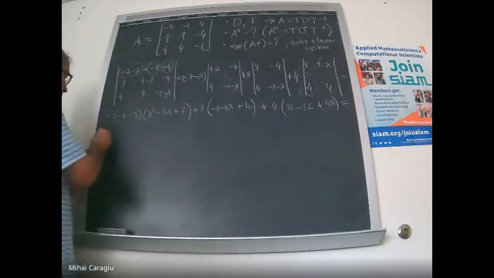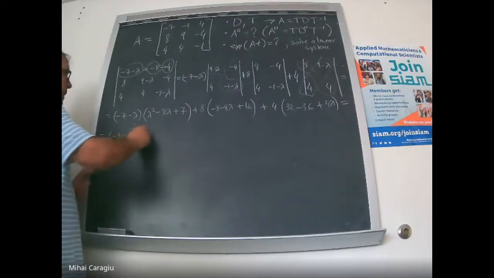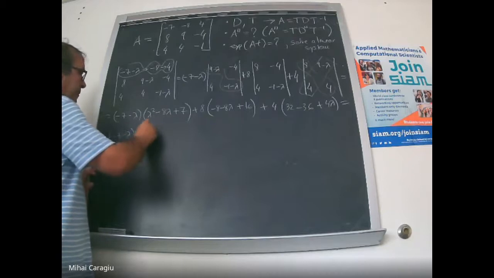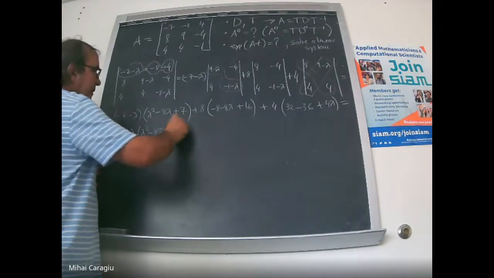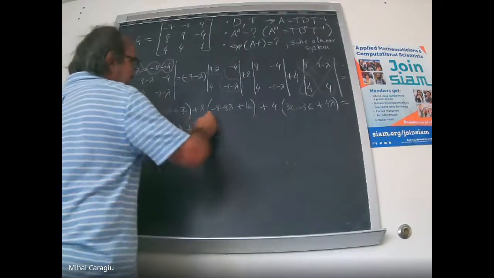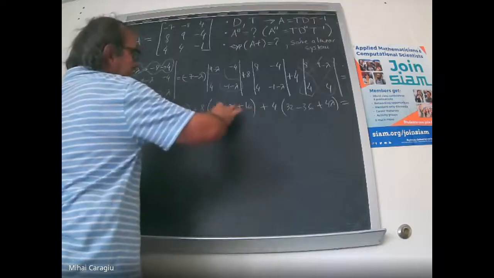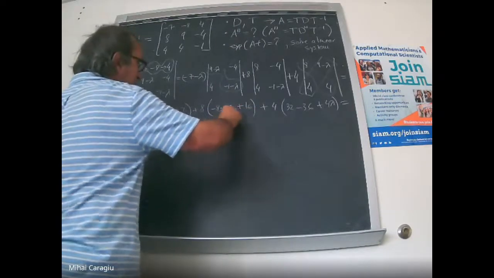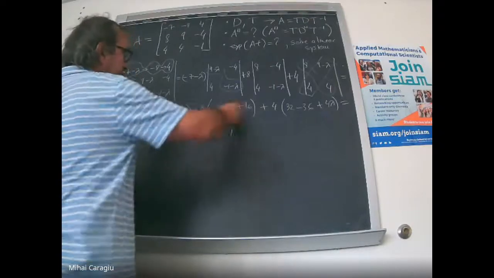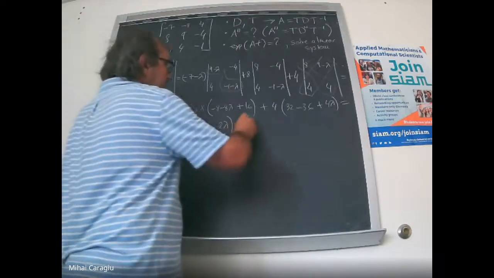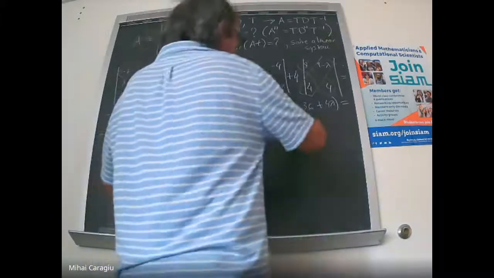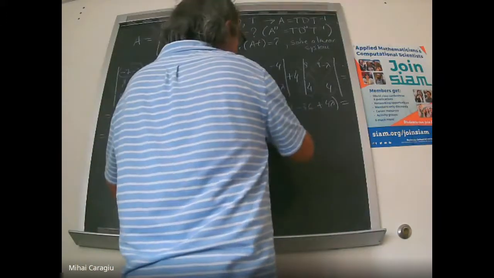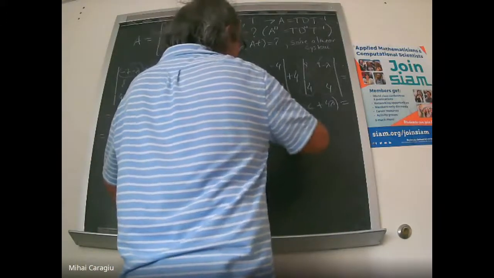Okay, so then we get minus 7 minus lambda times lambda squared minus 8 lambda plus 7, plus 8 times 8 minus 8 lambda, plus 4 times 32 minus 36, which is minus 4 plus 4 lambda.